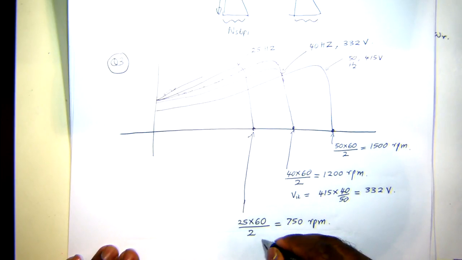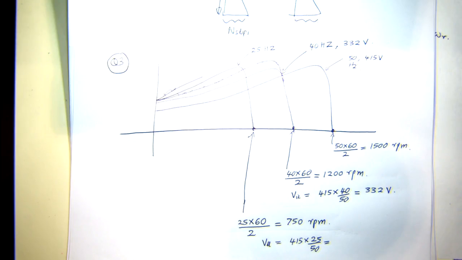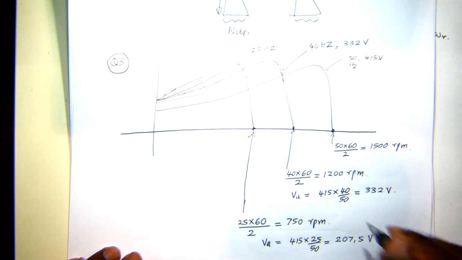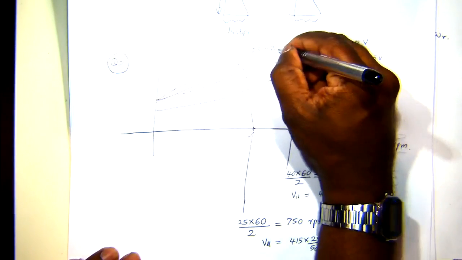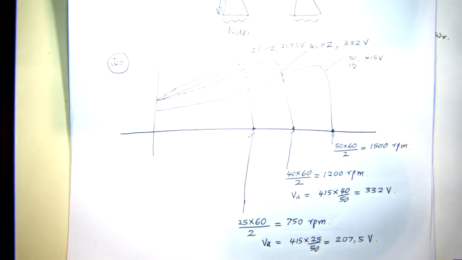And the line-to-line voltage will be 415 times 25 over 50. So it's half the voltage, so that will be 207.5 volts. So if it's 25 Hertz, you need 207.5 volts line-to-line voltage.